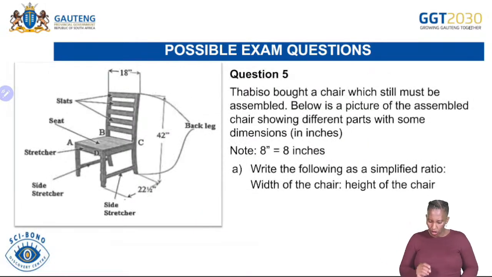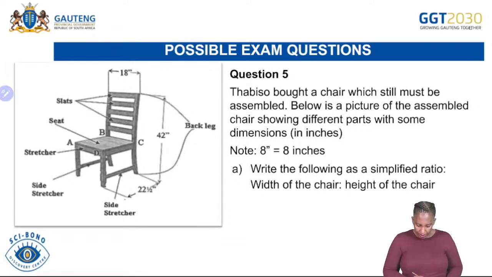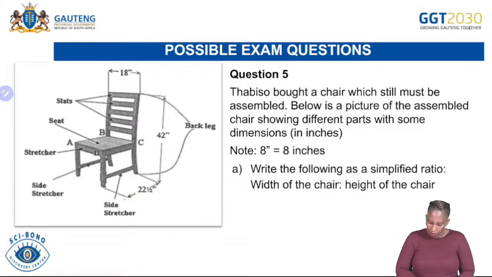Now, question 5, boys and girls. It says, Thabiso bought a chair which still must be assembled. Below is a picture of the assembled chair showing different parts with some dimensions in inches.